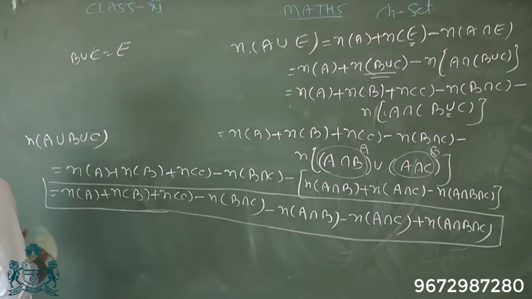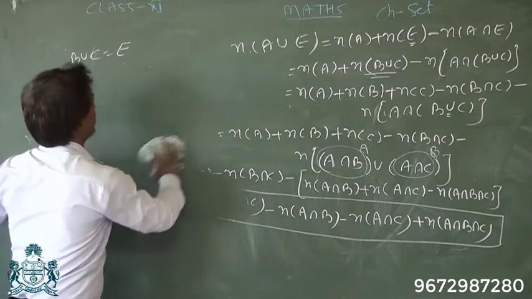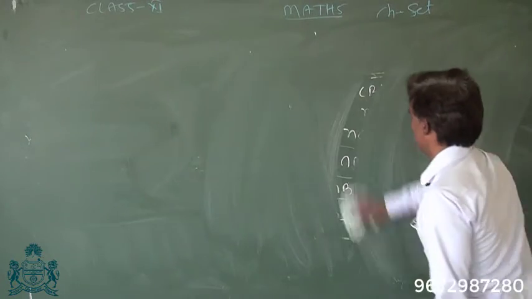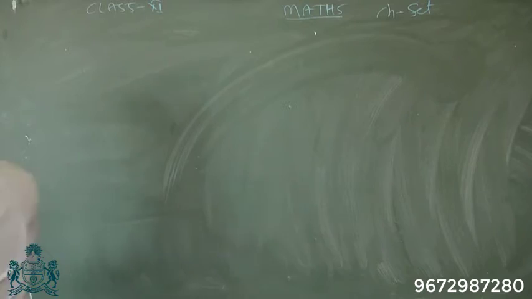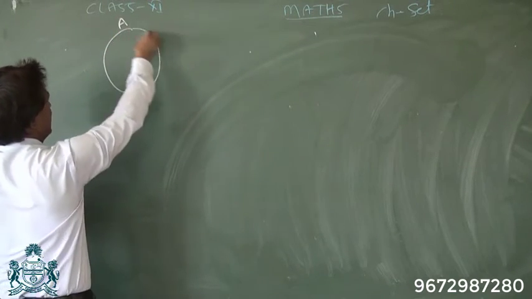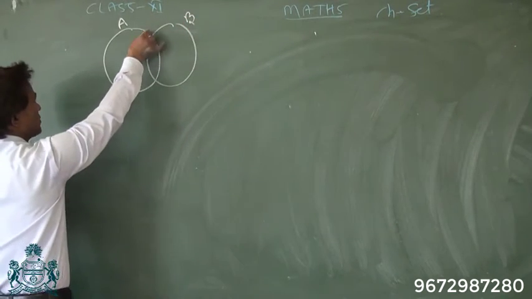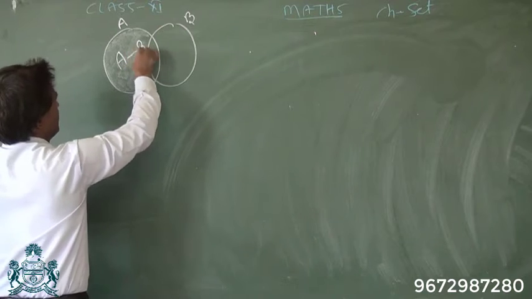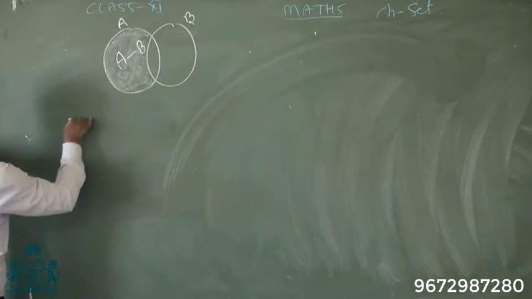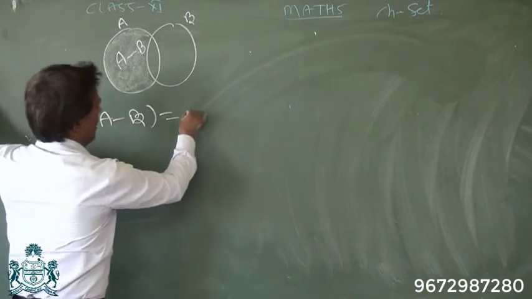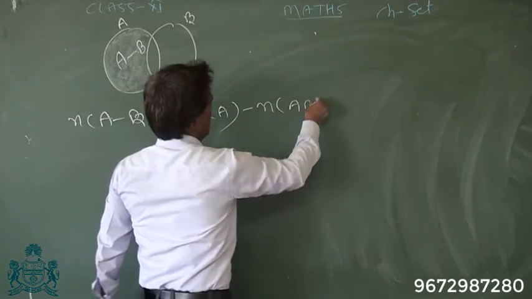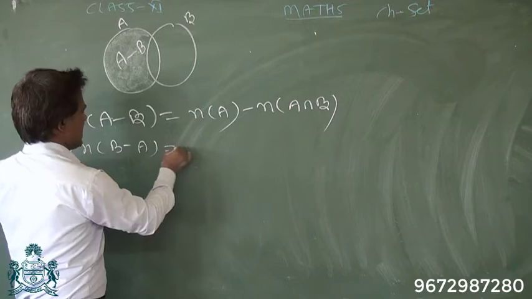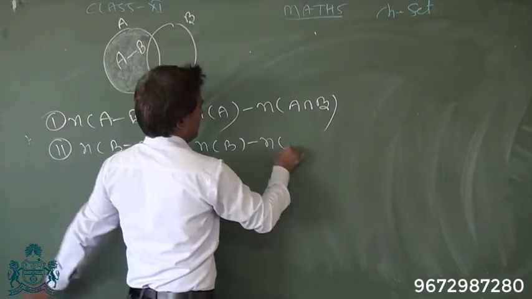Similarly, if we want to calculate the number of elements in A minus B, look, this circle is representing set A and this is representing set B. Then this set is called A minus B. Now if we wish to calculate the number of elements in A minus B, then n(A minus B) equals the number of elements in set A minus the number of elements in A intersection B. Similarly, for the number of elements in B minus A, this is the first formula and this one is the second formula. n(B minus A) equals n(B) minus n(A intersection B).